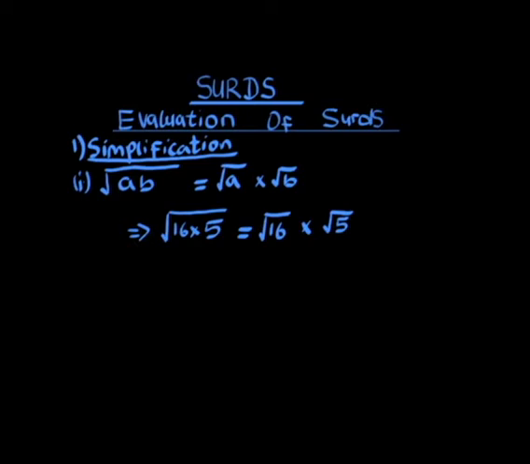Notice now that the root of 16 gives us 4, and the root of 5 would be an irrational number, so we leave it just the way it is in accordance with the principles of surds. So in the aftermath, our final answer would be 4 root 5.